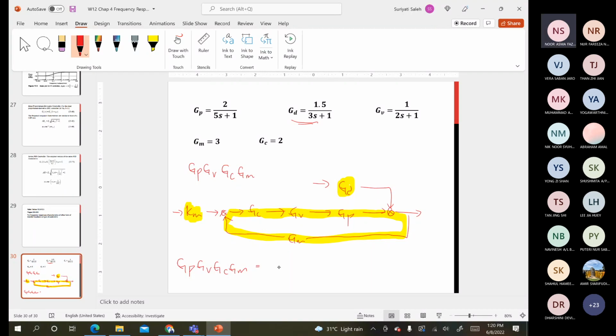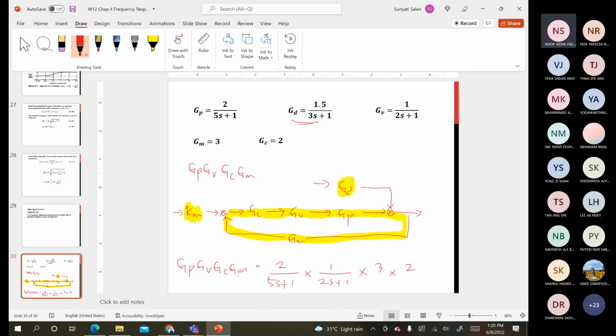For example, here you have 2 over 5s plus 1 multiplied with 1 over 2s plus 1, and then you multiply with 3 multiplied by 2. So you don't need the GD.